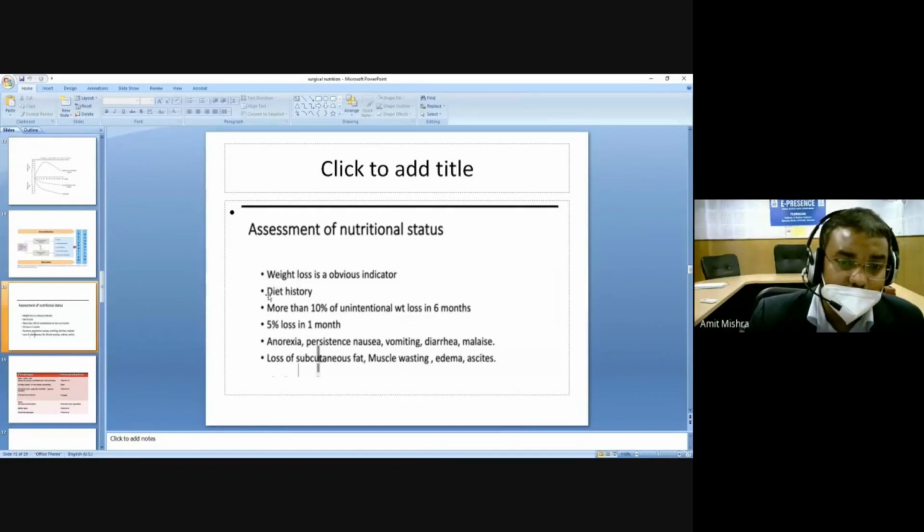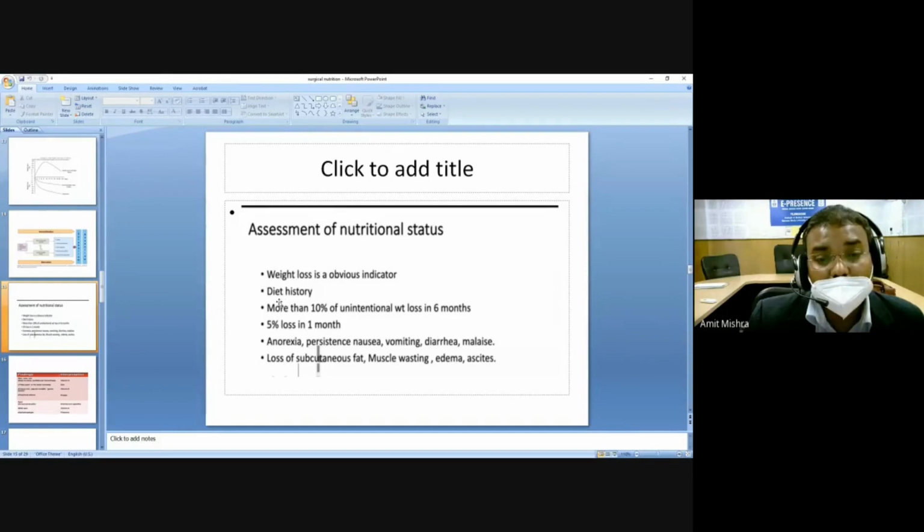Then dietary history: is the patient taking an adequate amount of protein, carbohydrate or fat, oral intake of fluid and electrolytes, and green vegetables. The dietary history is important, and this is where the dietitian plays an important role in assessing the nutritional status, in rehabilitation and pre-rehabilitation, and in dietary counseling.